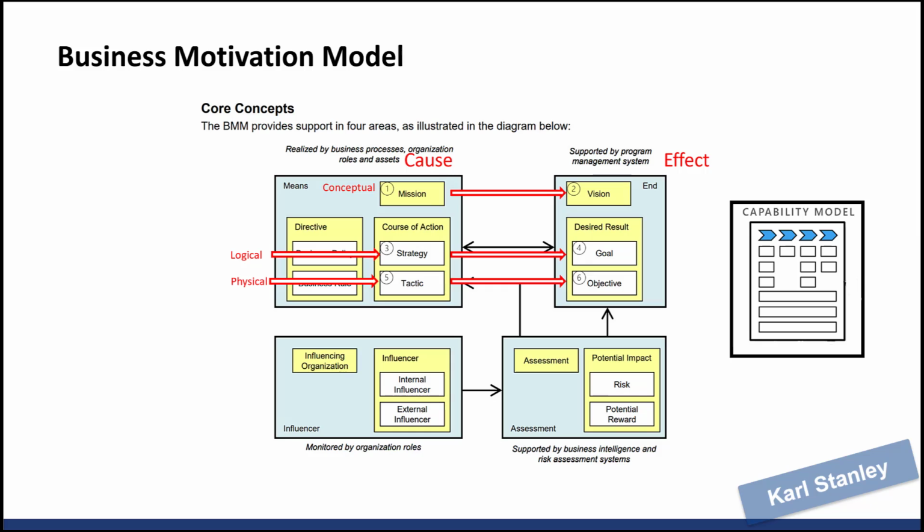Let's think of an example to make this live a little more in practice. Take a training business, specifically one that is training enterprise architects. The mission statement: give hands-on enterprise architecture insights to aspiring professionals. This is the cause. The desired effect is the vision. Be the enterprise architecture of choice that ensures client success by showing theory in practice.